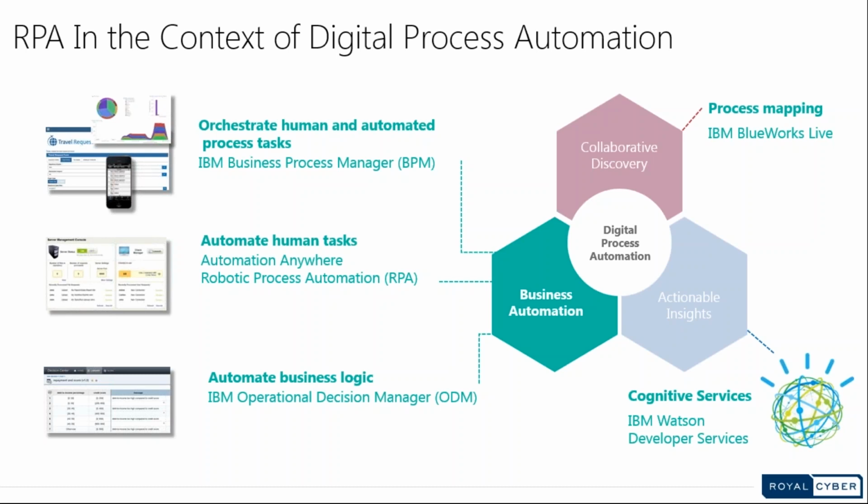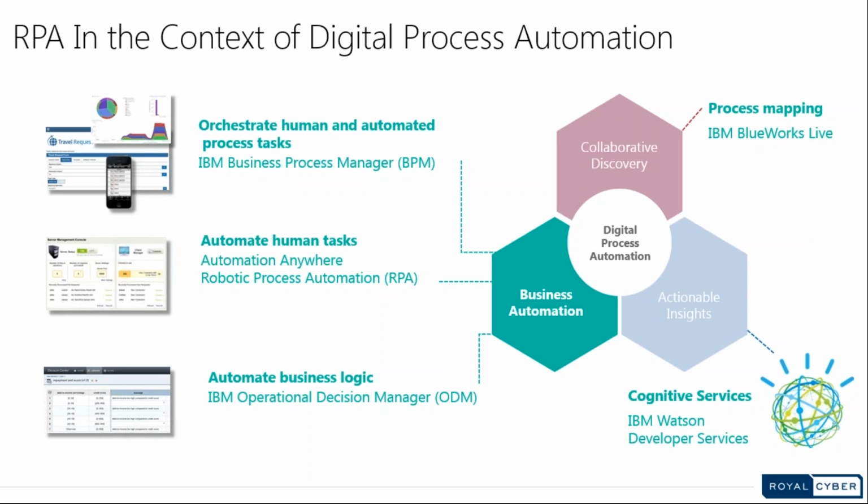RPA integrates with existing systems by using their graphical user interface and mimicking the keyboard and mouse actions of a human operator. This can radically improve time to value, reduce human errors, increase throughput, and decrease development costs.